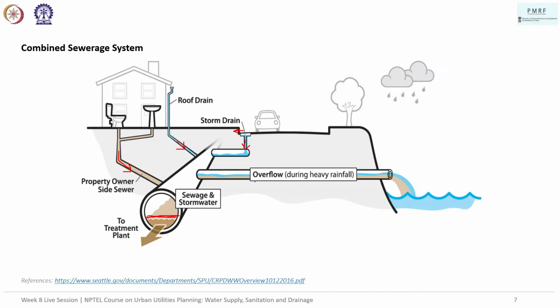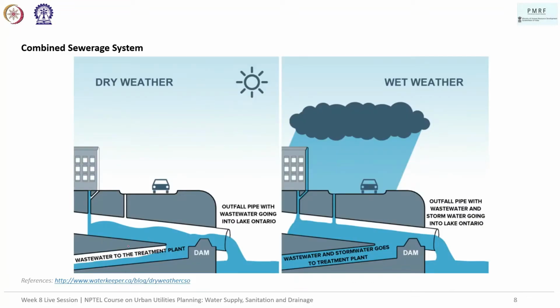However, when there is a heavy rain, I think the next one will be more representative, right? So here you can see how this is sullage, right? And occasionally there is also some water flowing into these, or during light rains, say, for example, there will be water pouring in, and most of the wastewater will be going to the treatment plant.